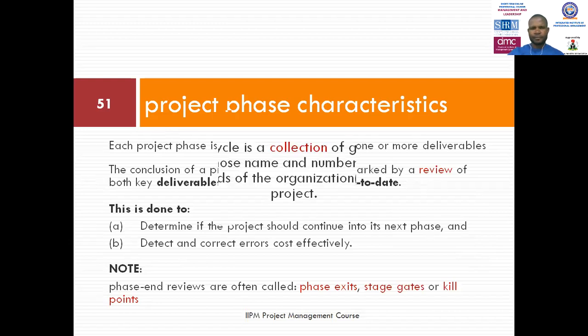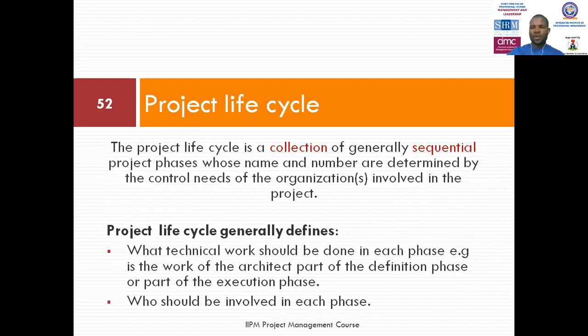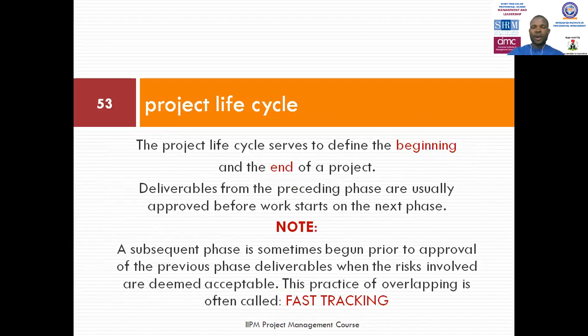Then we looked at the project lifecycle, which we considered as the collection of project phases. While project phases are collections of project tasks, project life cycles are collections of project phases. We also looked at some important information, where one of them is that the project life cycle defines the beginning and the end of the project, and the project deliverables from the preceding phase are usually approved before work starts in the next phase.